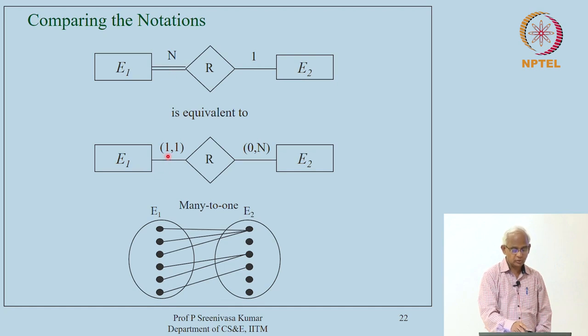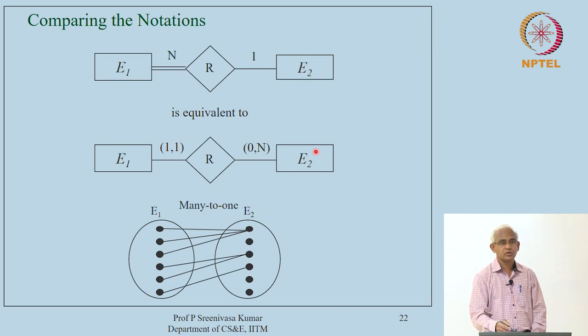So, he must belong to at least one department and at most one department, and departments can have as many professors as is possible. So, there is no upper limit on the number of professors that they have. Supposing the institute says that the maximum number of faculty that you can have, as determined by the student faculty ratio, is some 40 or something like that, then you can put that number there.